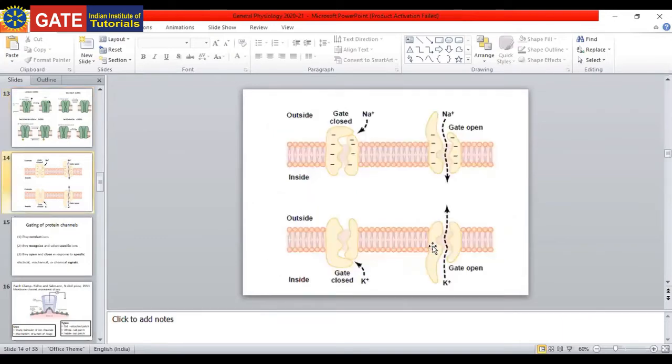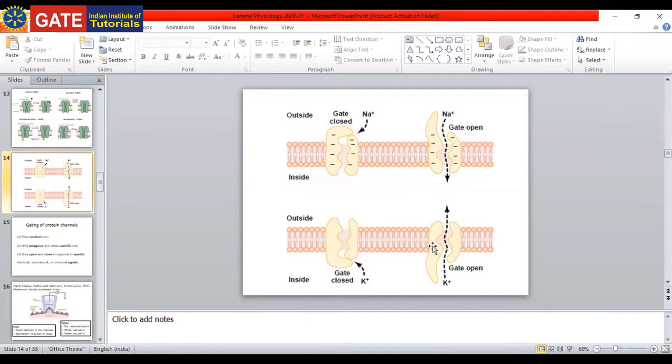It is again the same thing. You should remember that when you consider the concentration of sodium and potassium, where is the concentration of sodium more, in the ECF or ICF? The ECF. Very good. So what is more in the ICF? Potassium. Yes, potassium is more in the ICF.